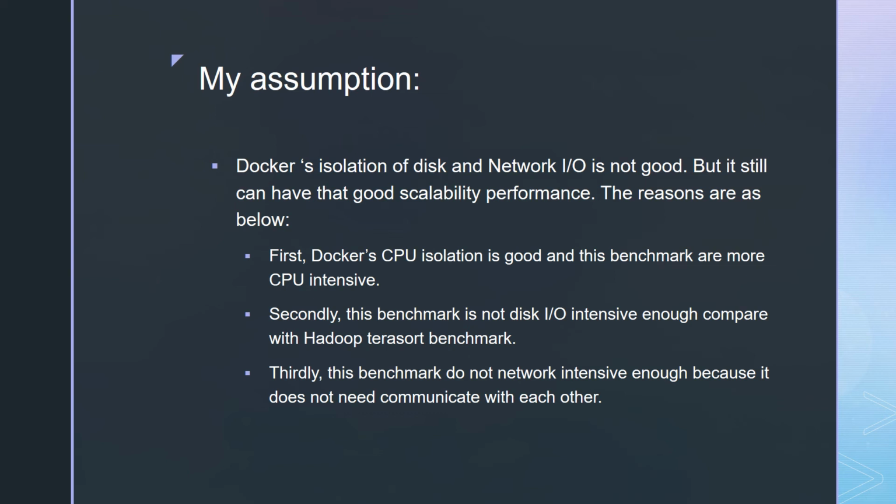The third assumption is that this benchmark is not network bandwidth intensive, because it doesn't need to communicate with each other that much, right? It's not like the Hadoop Terraform.